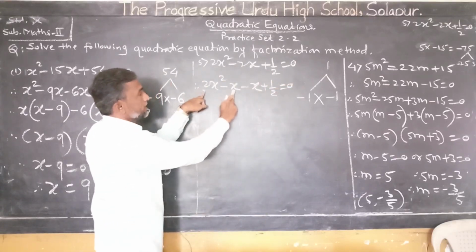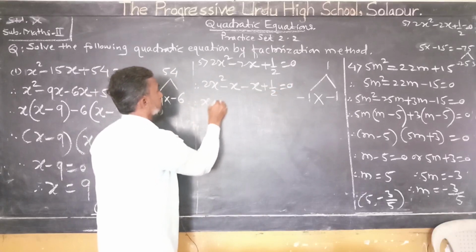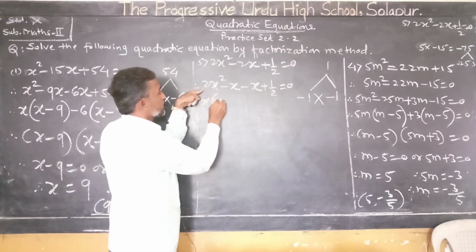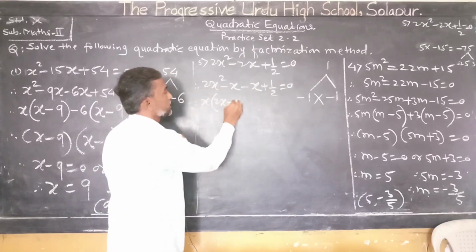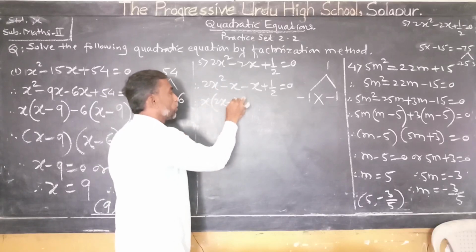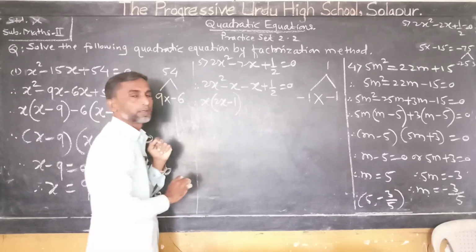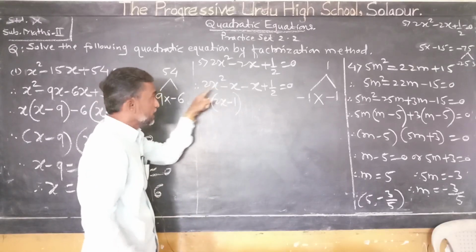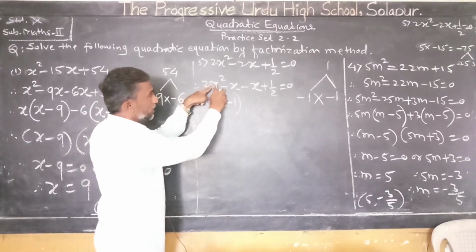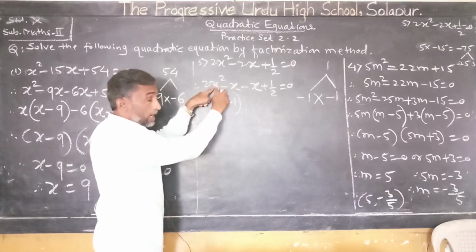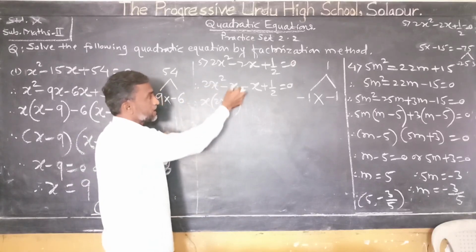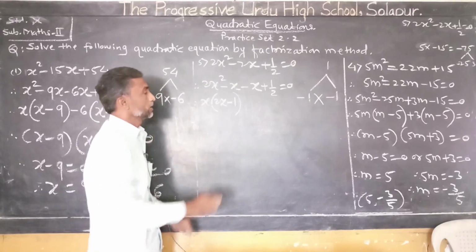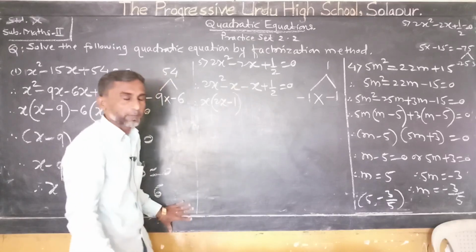Now, take x common. 2x will remain, minus x we have taken common, 1 will remain. Now, out of these two terms, x we have taken common, here 2x will remain, minus as it is, x we have taken common, minus 1 will remain.